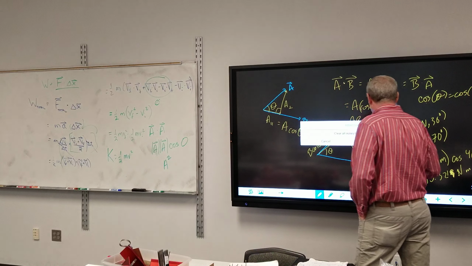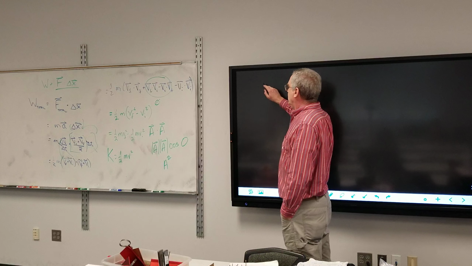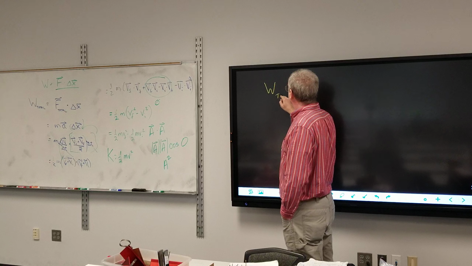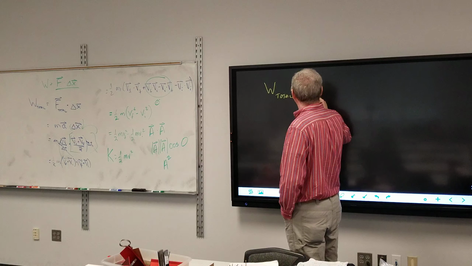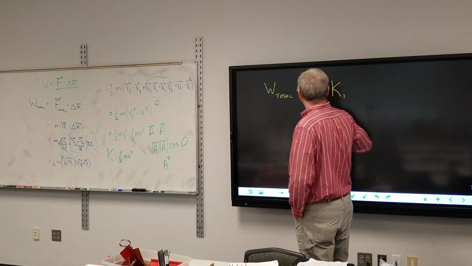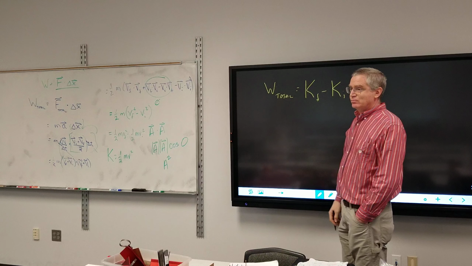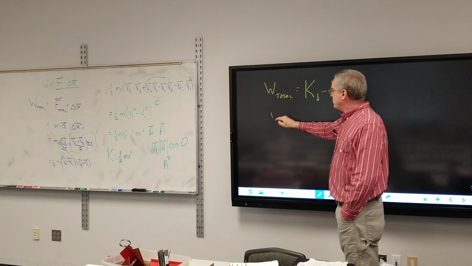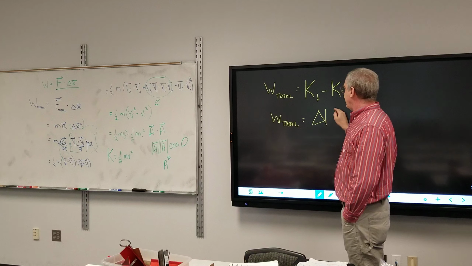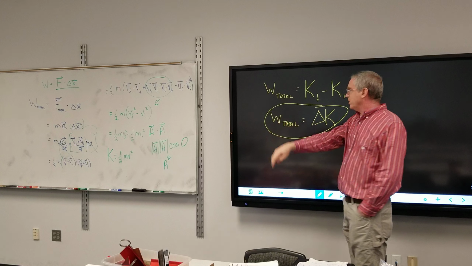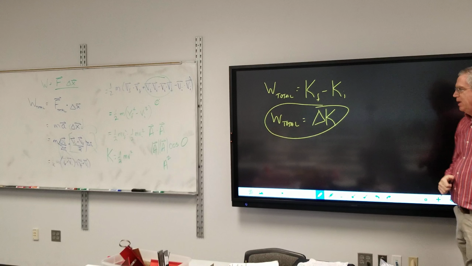And that brings us to my total work is equal to K final minus K initial, which means my total work is equal to the change in K. There we go. Simpler looking formula, as promised.